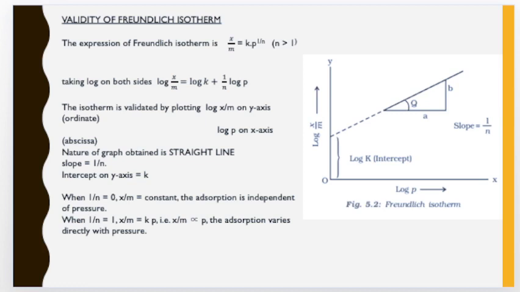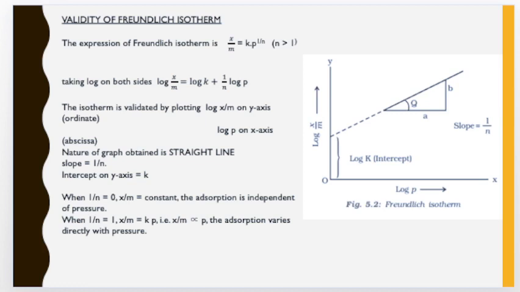Now, if we put the value of 1 by n, that is slope, equal to 0, that means log x by m will have a constant value, which means adsorption will be independent of the pressure.